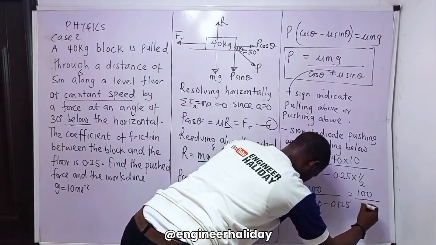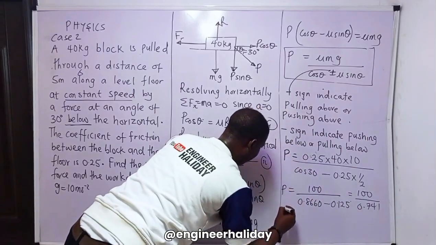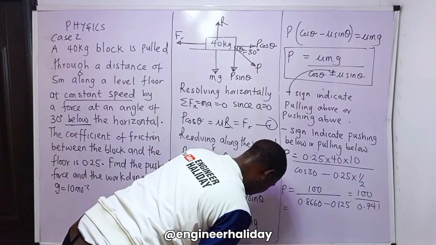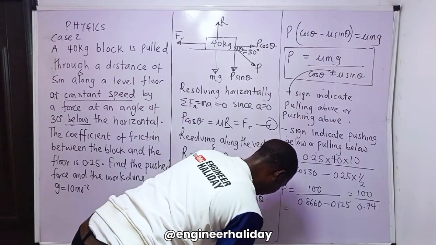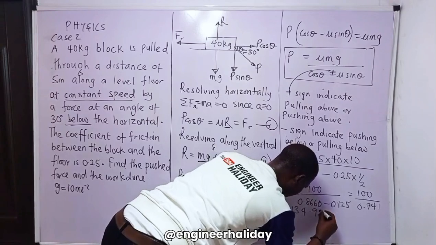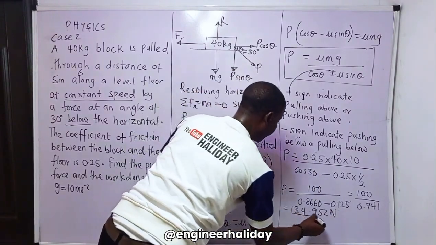So 100 divided by 0.741 gives us 134.952 Newton. That's our first answer.